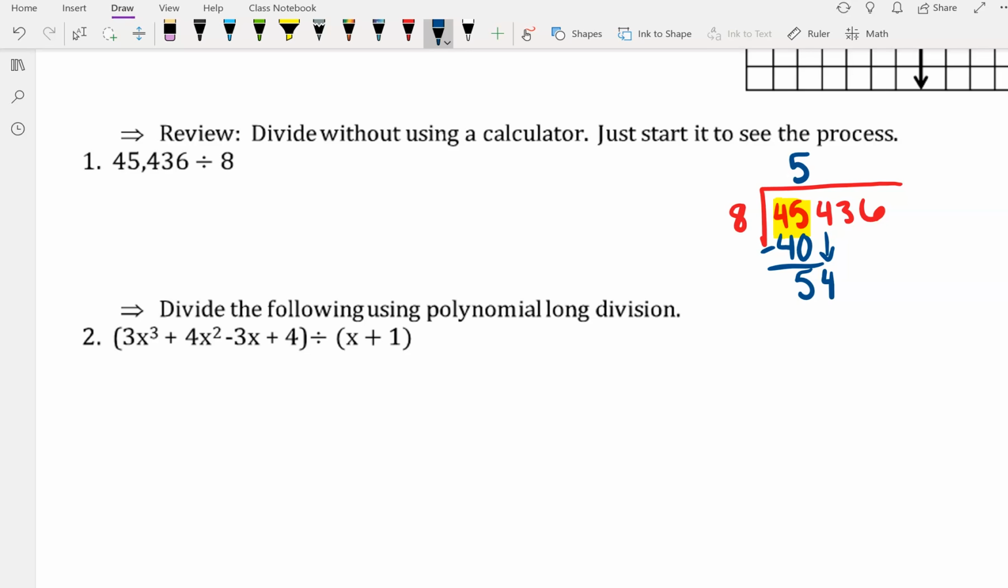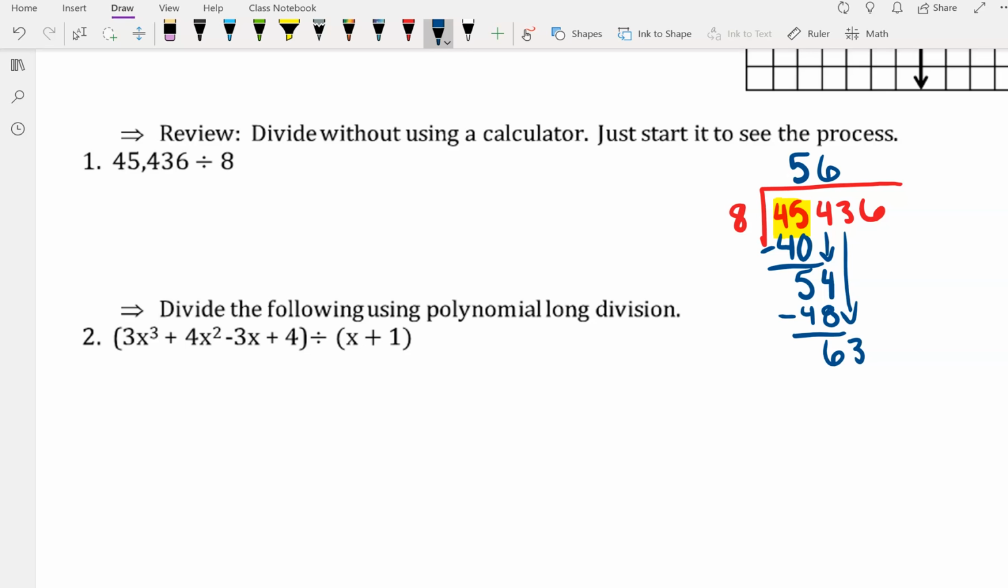How many times does 8 go into 54? That answer should be 6. 6 times 8 is 48. And then I subtract. That is going to be 6. Bring the 3 down and start the process all over again.